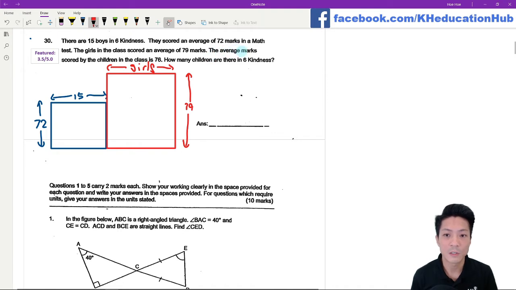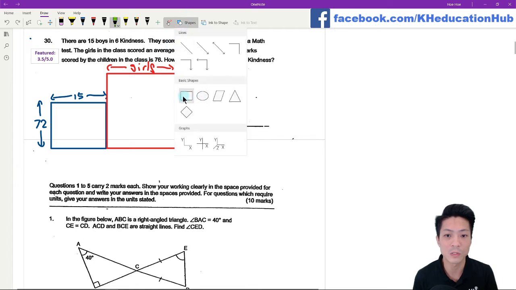The next thing we need to look out for is that the average marks scored by the children in the class is 76. Which means that if I draw another box that represents the average score, it will look something like this.